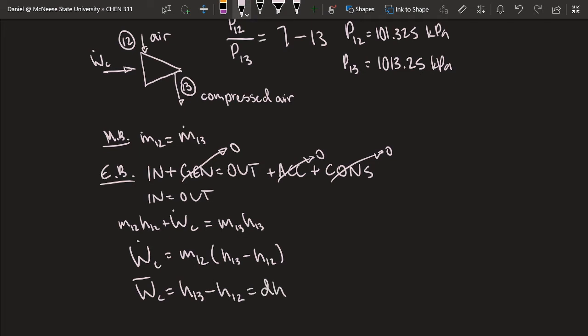We're going to have that same integral this time, where we go from T12 to T13 of the moles at 13, and this only works because we're assuming that it's an ideal gas.